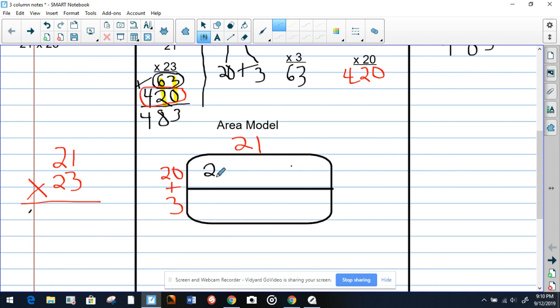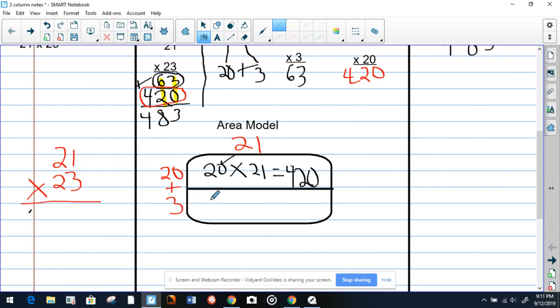So we will write this inside: 20 times 21, and this will be 2 times 21 equals 42. Or in other words, 2 times 1 equals 2, and 2 times 2 equals 4. Times this 10, that will be 42 times the 0, which represents a 10, will be 420.